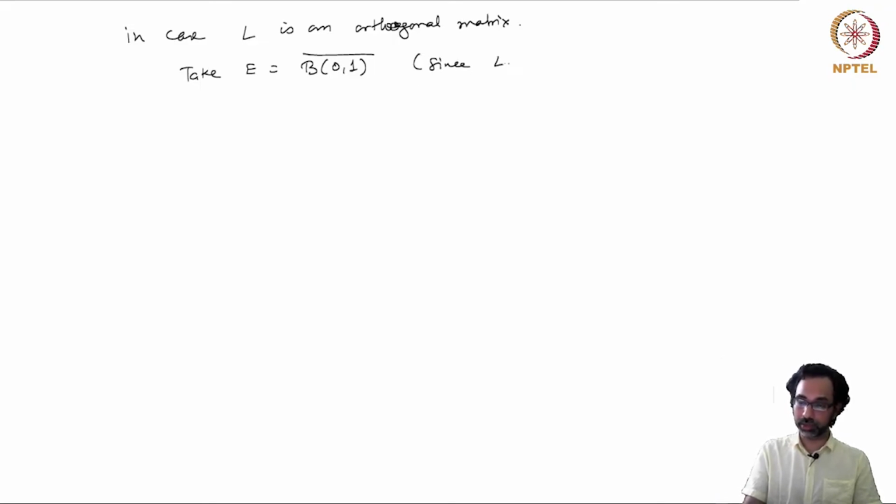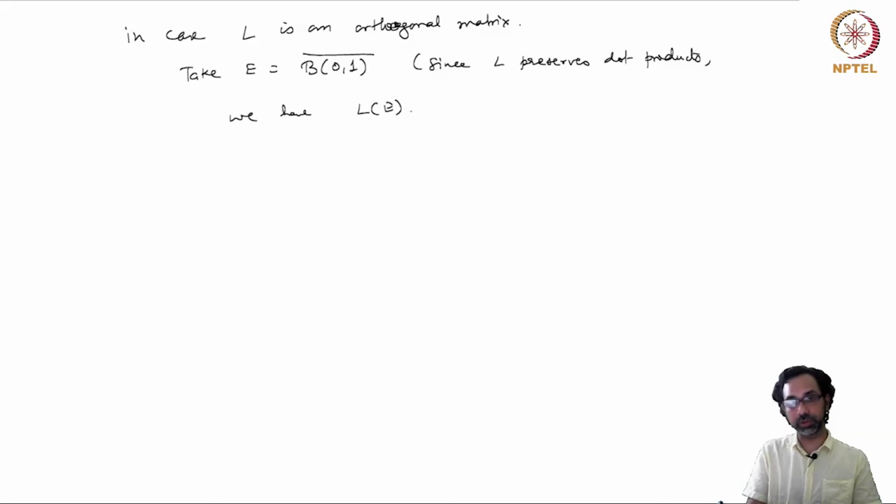So since L preserves dot products, we have L of E, L of the closed unit ball, is the same as E itself.